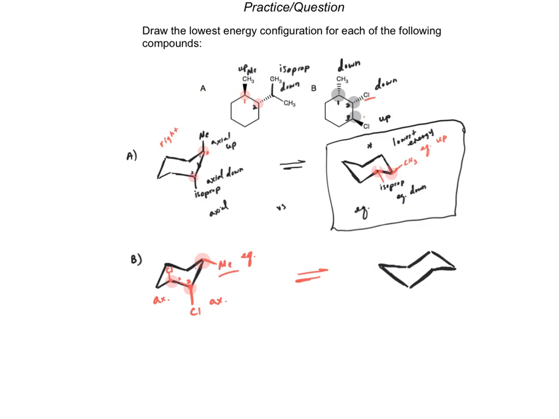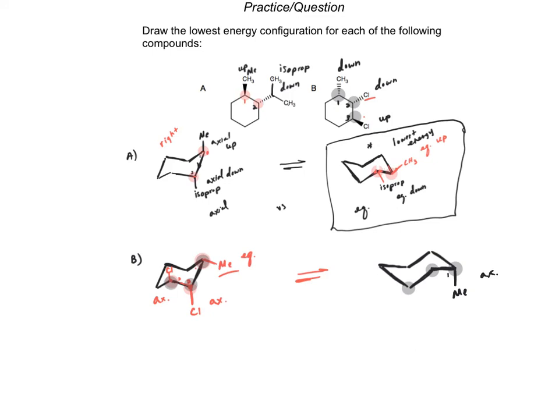We had carbon 1, 2, 3. Now it's going to be carbon 1, 2, 3. We have a methyl group at carbon 1 in the down position. At this carbon now, the down position is axial, so we can draw this down as a methyl group. So we have an axial methyl group.